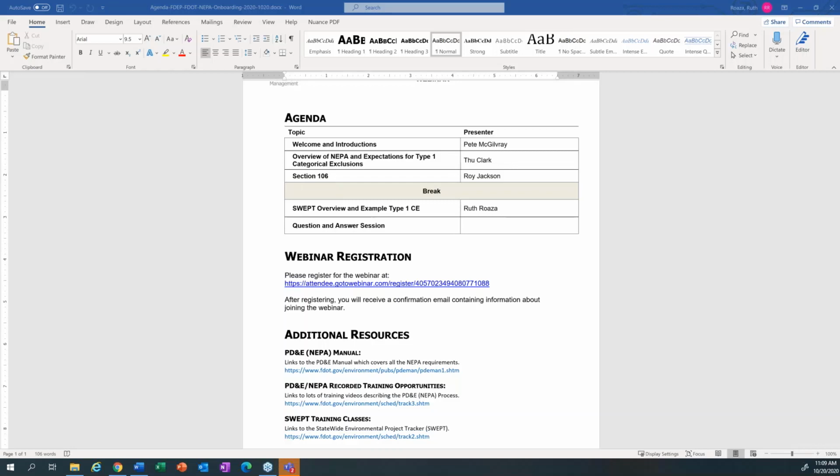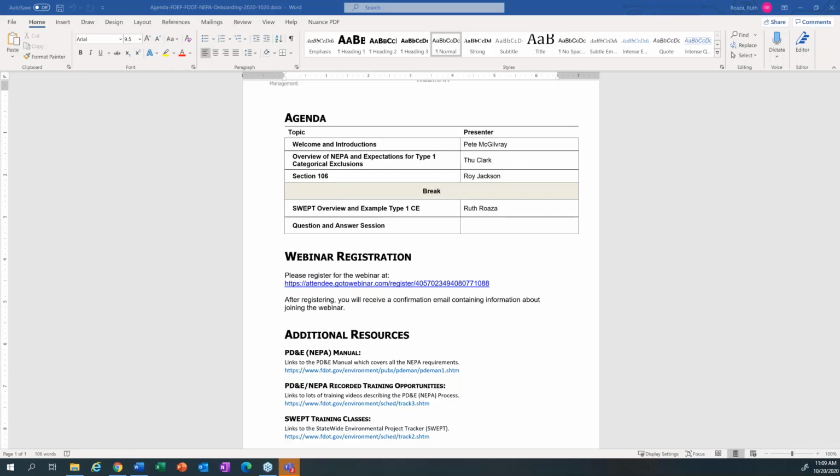And some tasks are required to be completed, others wouldn't be. For example, if you identified no historic resources at all, then you would not have to worry about the evaluation of them and the coordination of that evaluation with the consulting party. So it depends on the complexity and the level of involvement. Right, thanks, Roy.